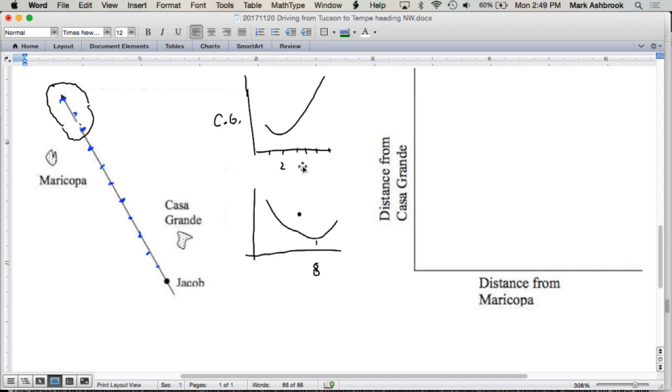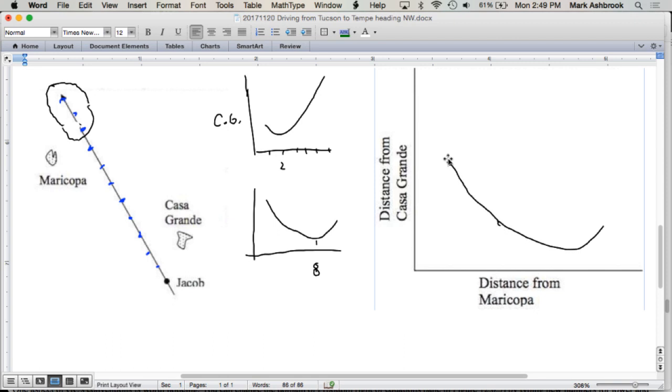Okay, so when you match up these points, I'll just give a general description. When you match them up correctly, at first, he's farthest from Maricopa, right? And closest to Casa Grande. And then getting closer to both of them. And then we start getting further from Casa Grande, but closer to Maricopa.